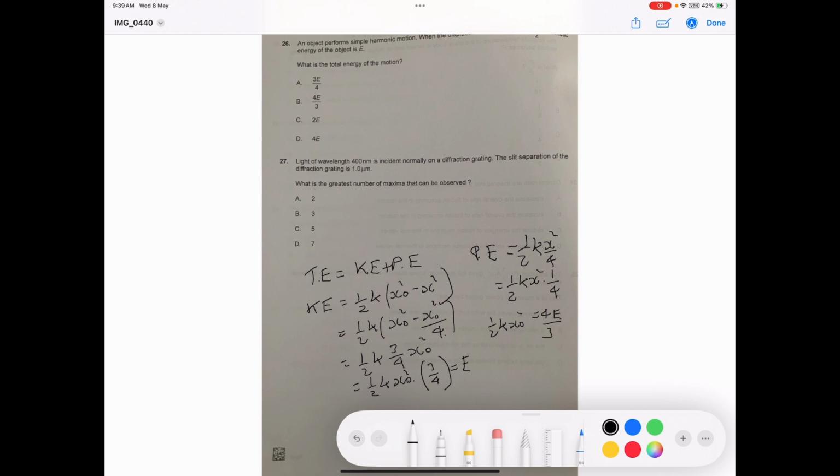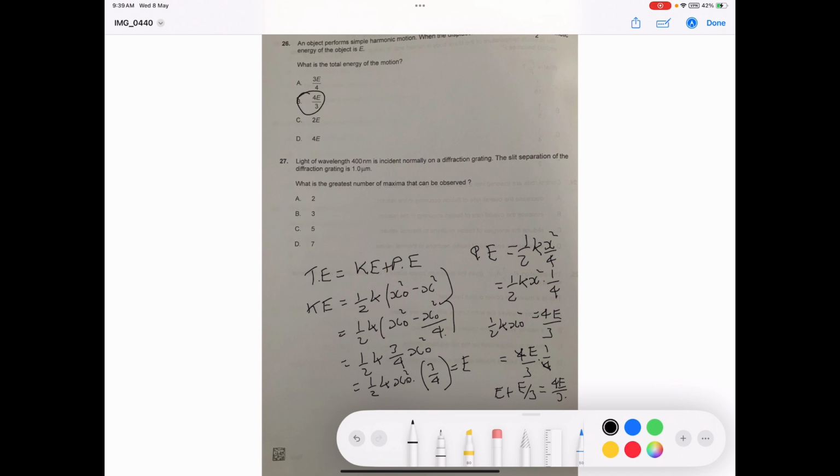So we can put that into our potential energy formula. So we get 4E over 3 times a quarter. So these cancel there. So then we can say the total energy is E plus E over 3. So it should be 4E over 3.